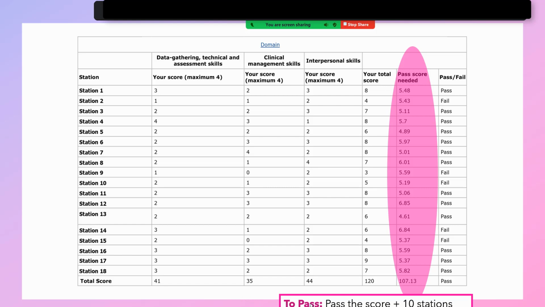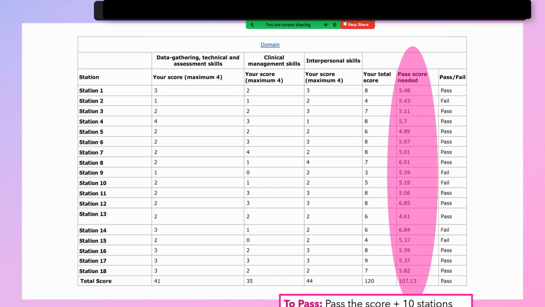To pass the exam, you have to pass the pass score. Also, you have to pass 10 stations. Okay? To pass the exam, you have to pass the total score and at least 10 stations. If you pass the score and you pass maybe 8 stations, you don't pass the exam.